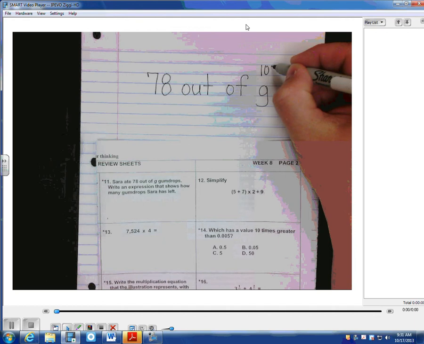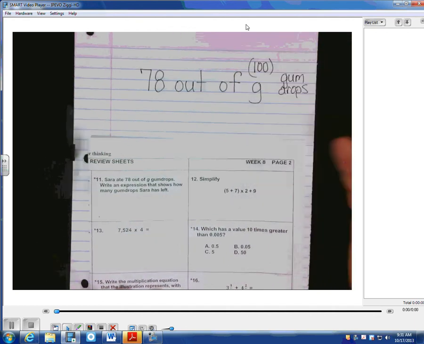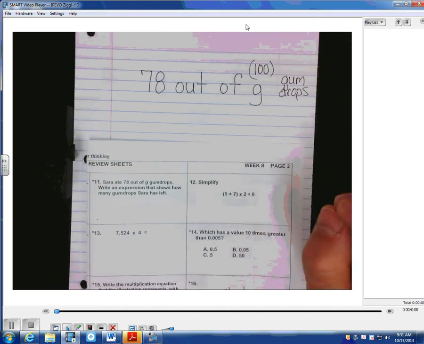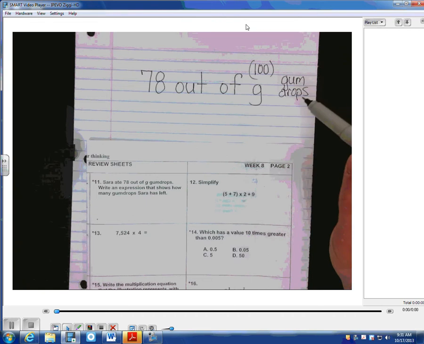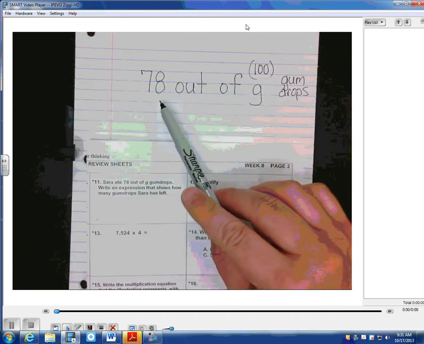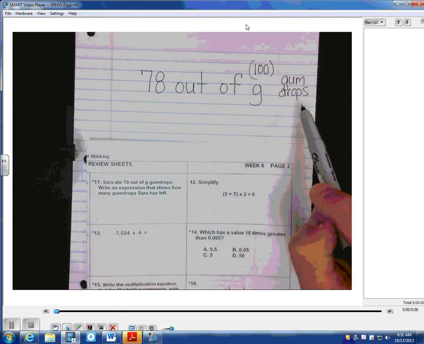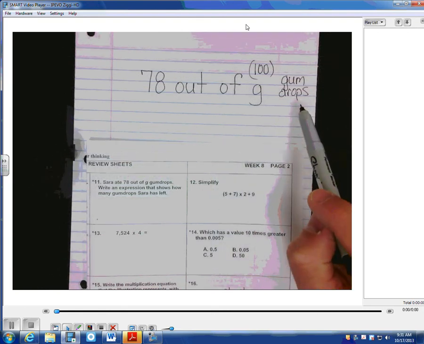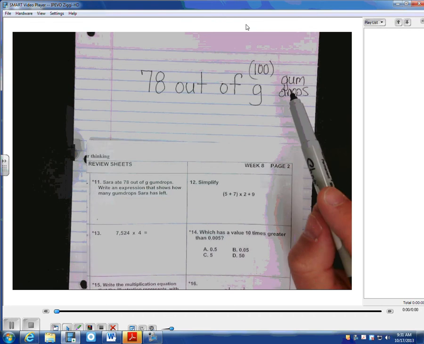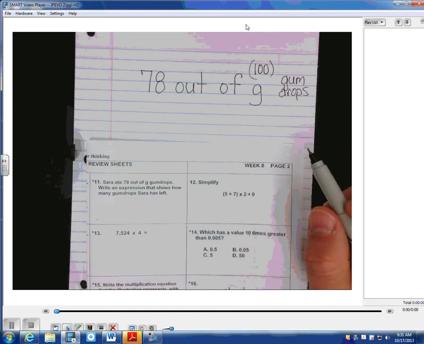And that's not the number or answer. I'm just putting that in there so you can kind of see how this works. So she ate 78 out of 100 gumdrops. So if that were the case, how many would she have left? Again, that keyword left should tell you what operation to use.